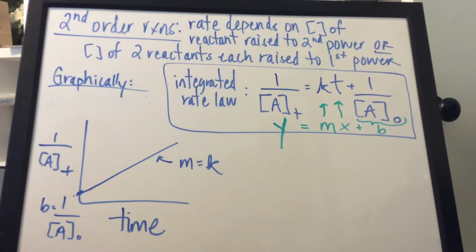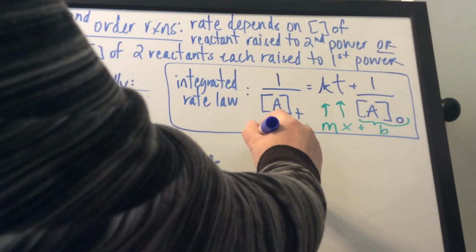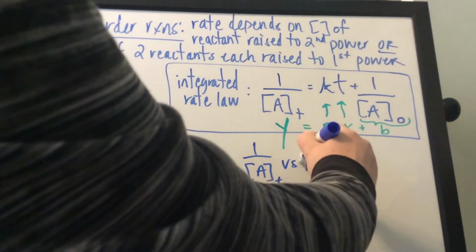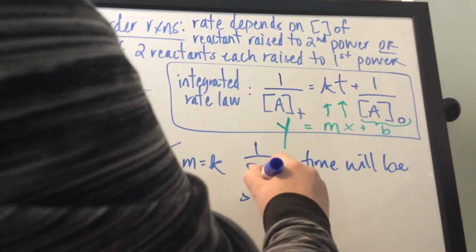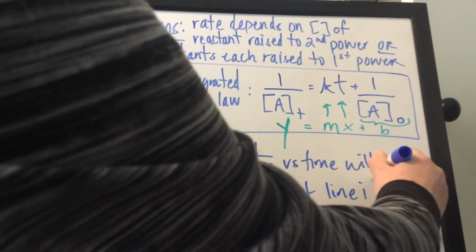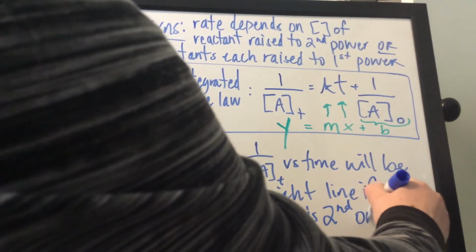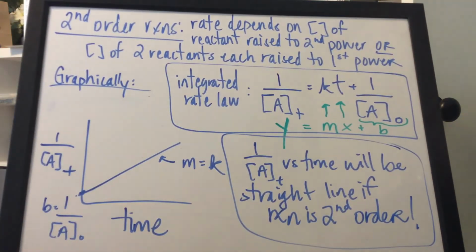So again, what's the takeaway? The takeaway is that 1 over the concentration of A at time t versus time will be a straight line if the reaction is second order. This is the takeaway point.